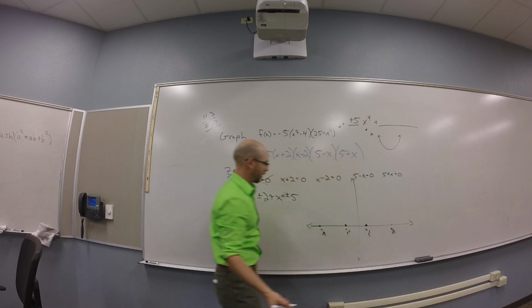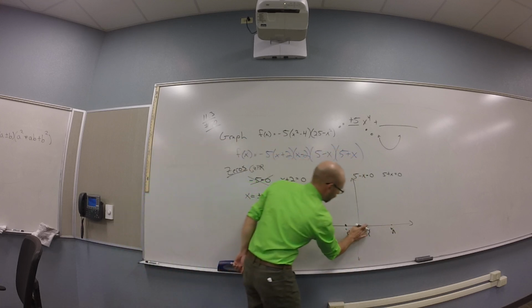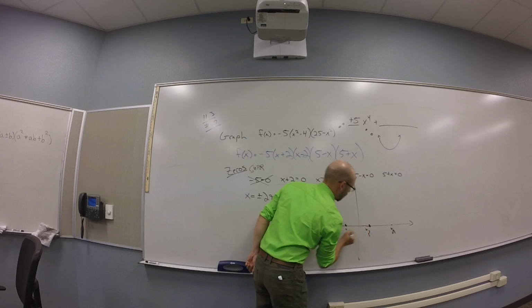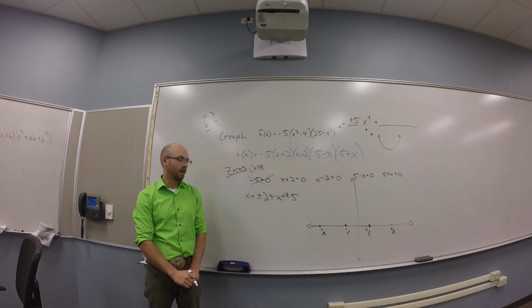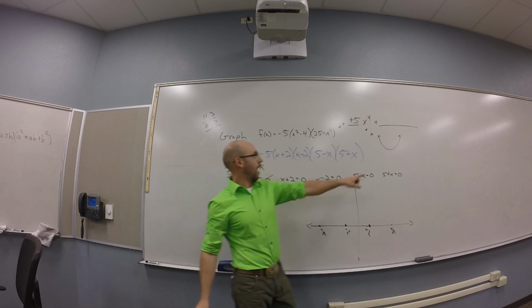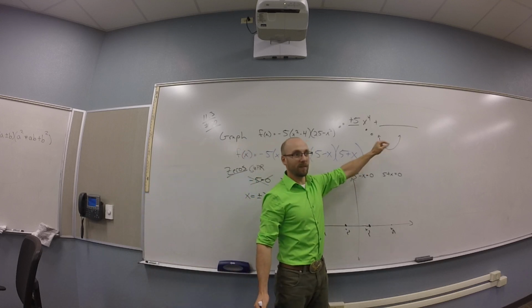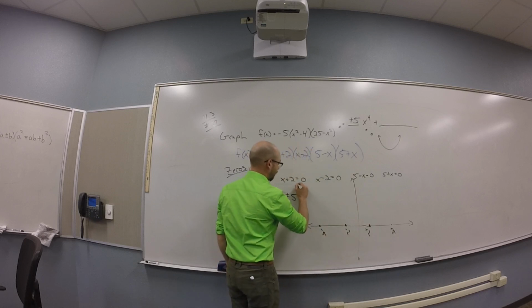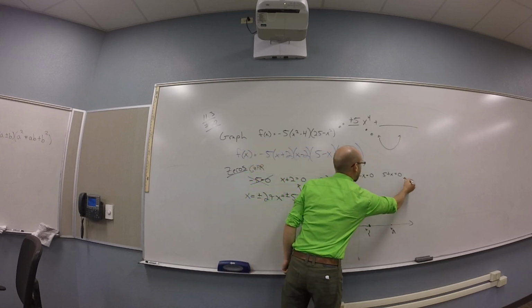I hope those are roughly equidistant. Okay, so I got zeros there. And then I know it looks like a parabola ideally, right? So I know it goes up on this side and up on this side.